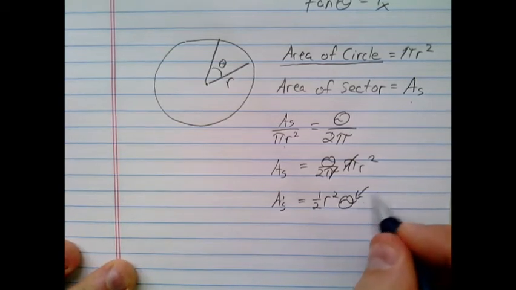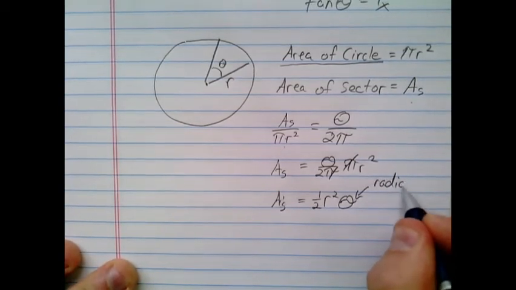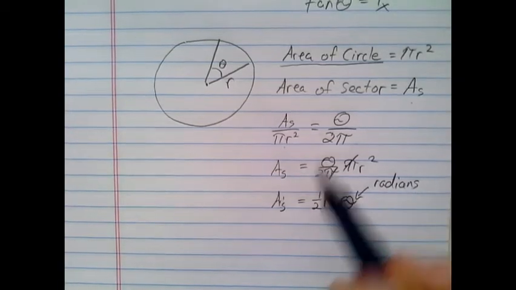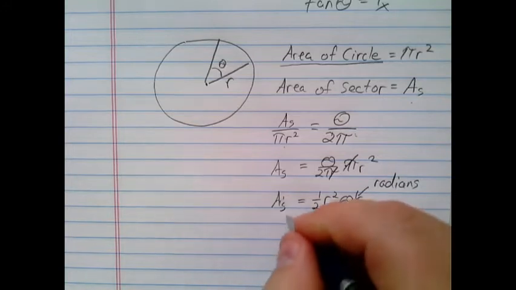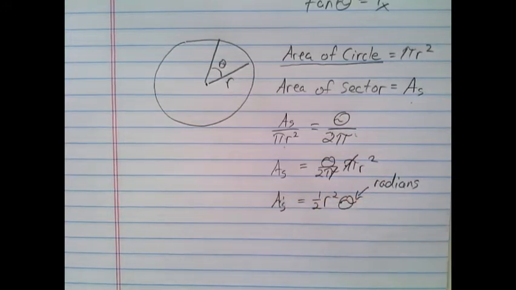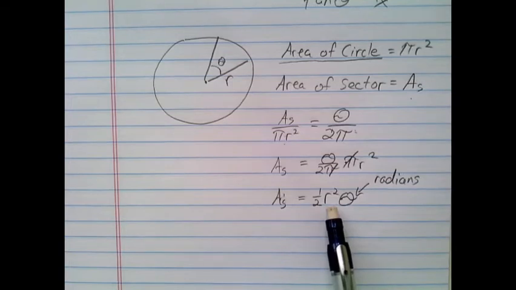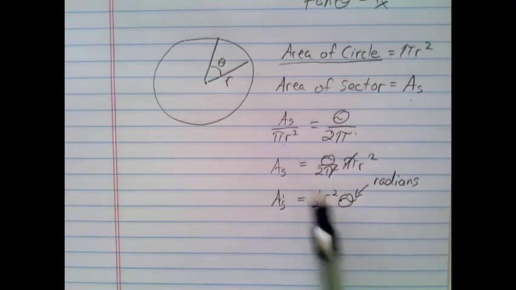Theta has to be in radians for this formula to be right, because we used radians there. Now if you think about it, this is a formula you've seen before and you might remember it. But we do need it now. The area of a sector is 1/2 times the square of the radius of the circle times the central angle of the circle.